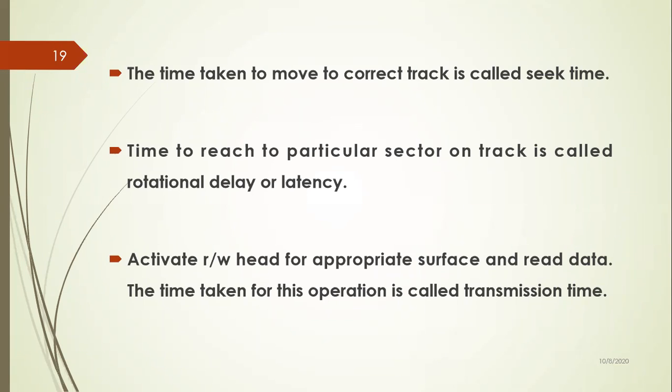The time to reach the particular sector, by rotating our disk, is called latency time or rotational delay. Then we activate the read write head for the particular surface and read data from that sector or track. The time taken for this is called transmission time.